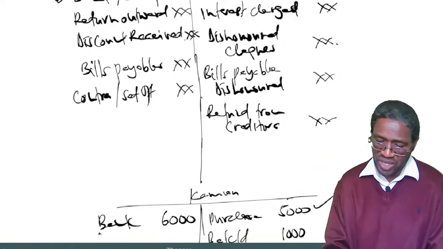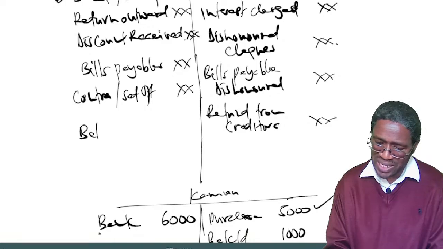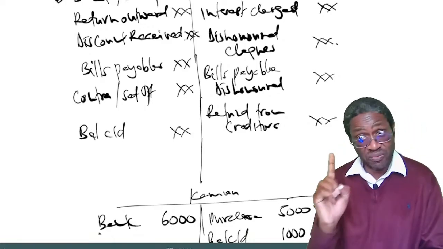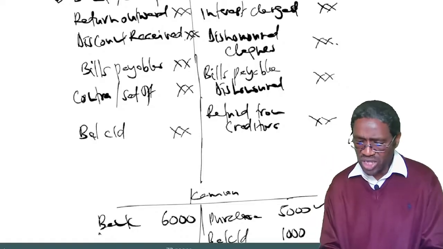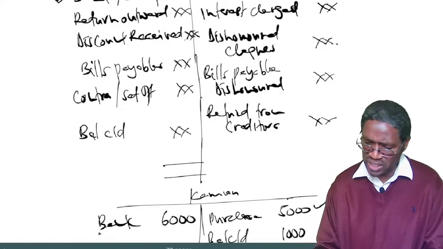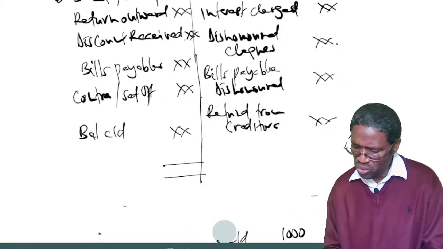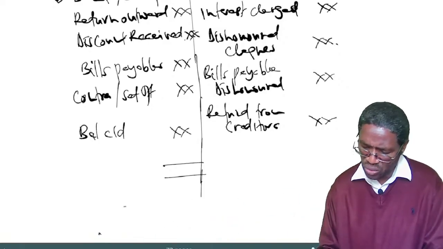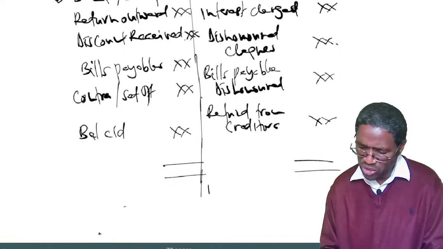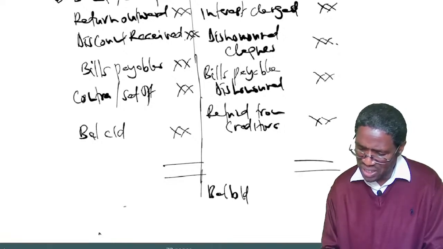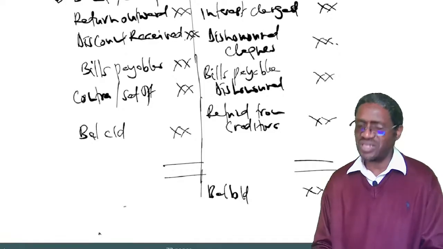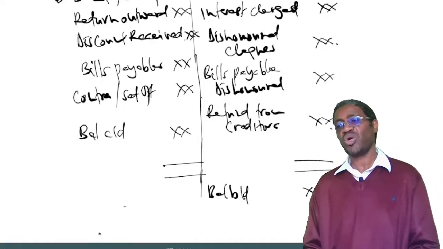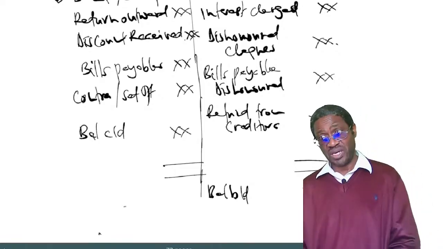So by the end of the year, you will come and say balance carried down, whatever it is. So that when you close your account, that balance of 10,000 or whatever it will be brought down as a credit balance to represent what you owe to your suppliers.